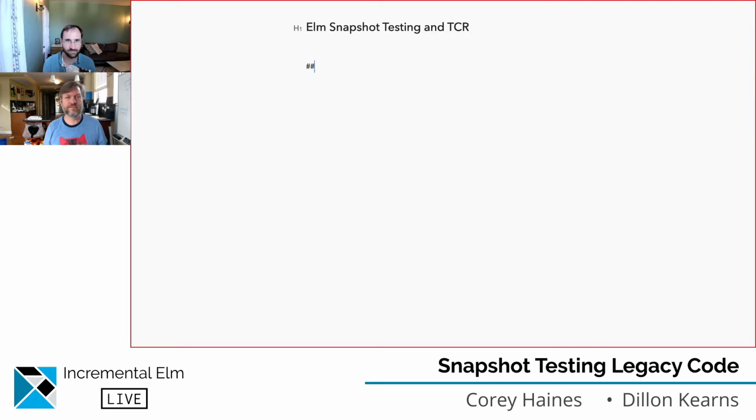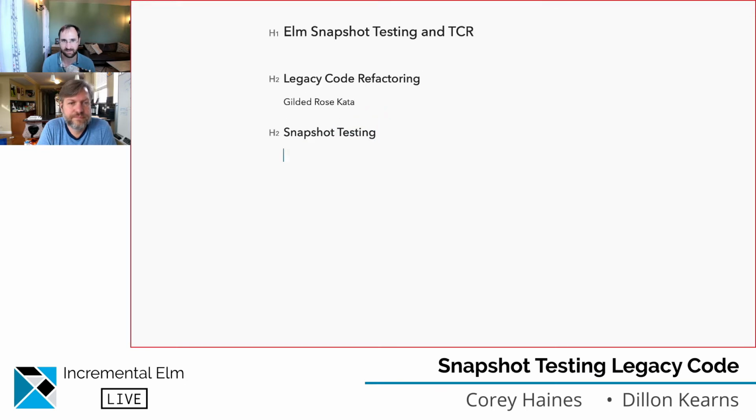We are doing legacy code refactoring with the Gilded Rose Kata. We're doing snapshot testing, and we're doing TCR, also known as test and commit or revert.